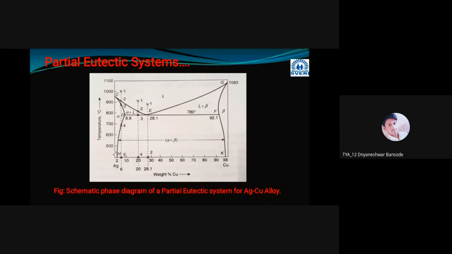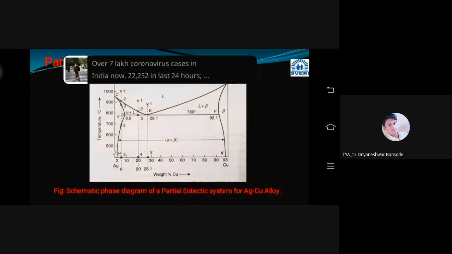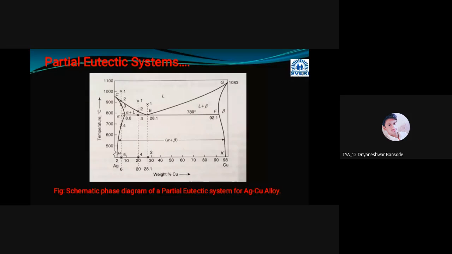And here, element A will act as a parent metal because its quantity is more, so the solid solution formed will be alpha solid solution. In the region 2 to 3, some amount of alpha will be there, and some amount of liquid will be there. Okay, means some amount of solid and some amount of liquid will be there in the region 2 to 3.